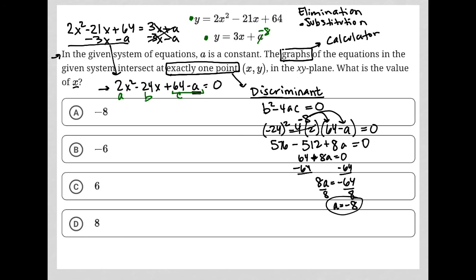So when I do that, I find in my graphing calculator that the point of intersection for these two is at x equals 6. So therefore, the correct answer here should be choice C.